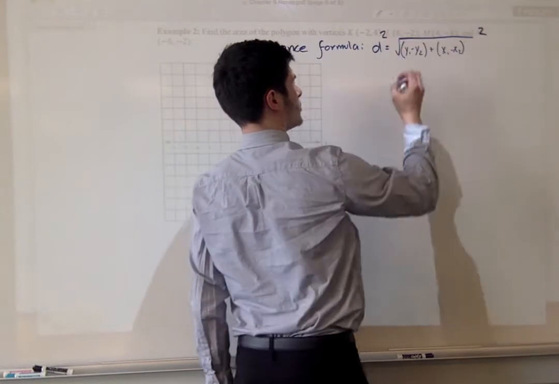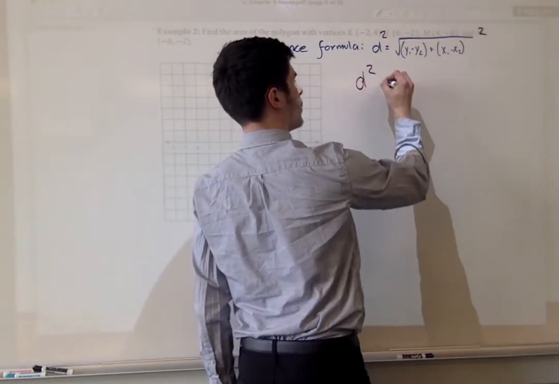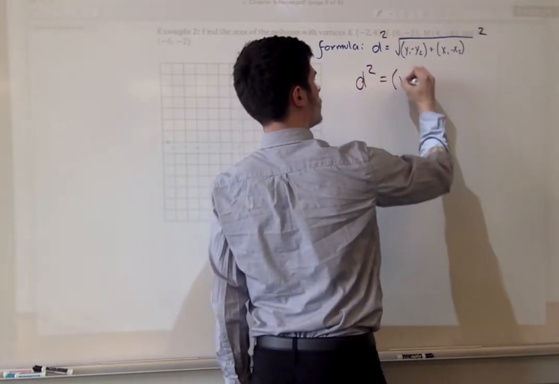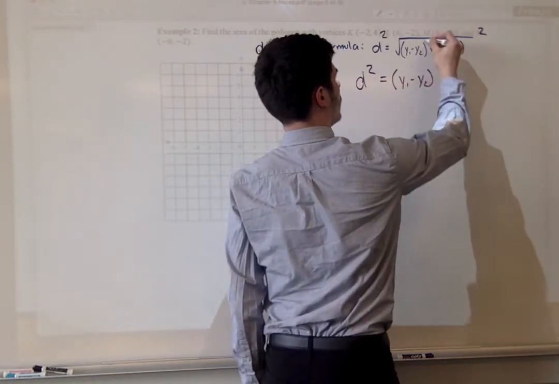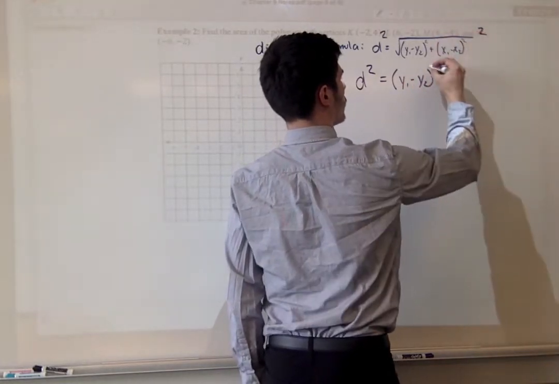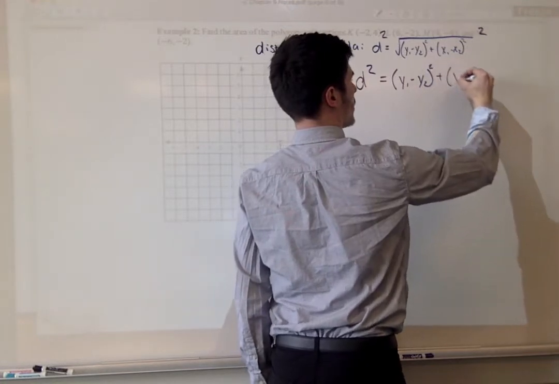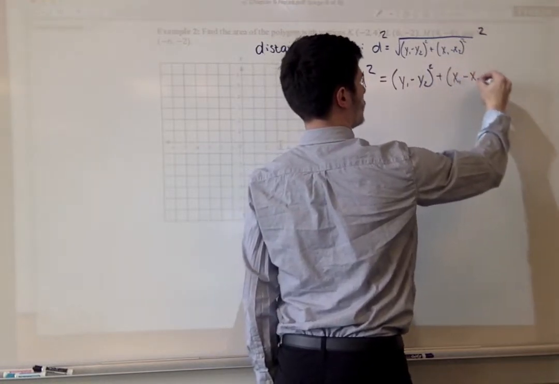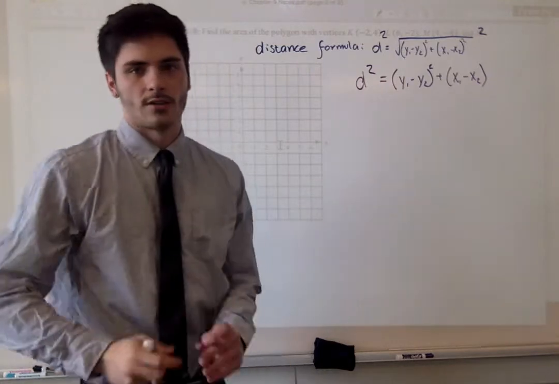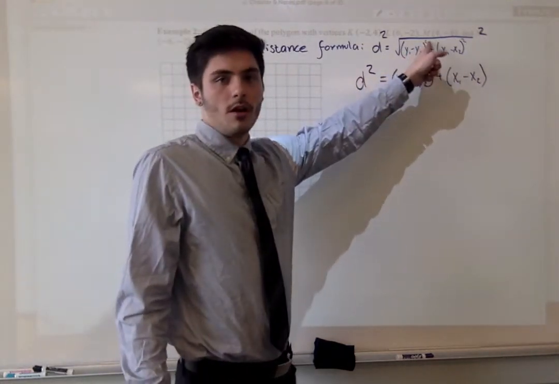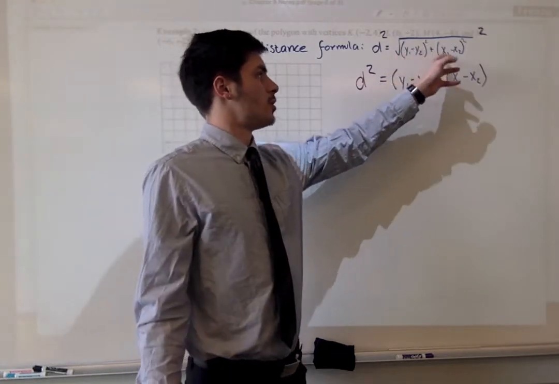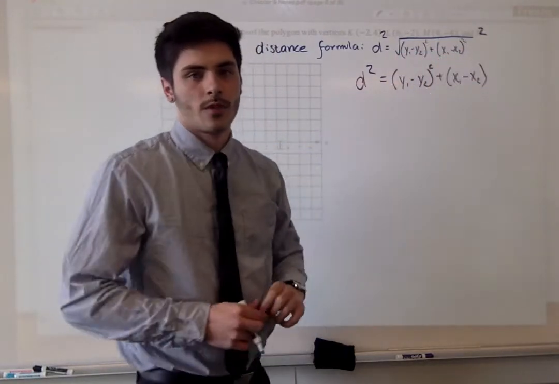So if we square both sides, we end up with d squared equals (y1 minus y2) squared plus (x1 minus x2). And sorry, when I started the video, I had forgotten the squared above the y1 minus y2 and the x1 minus x2.